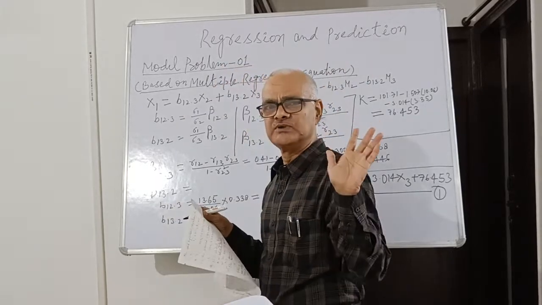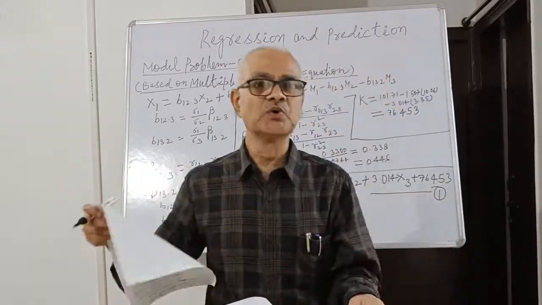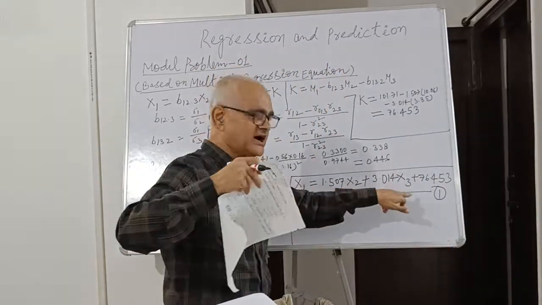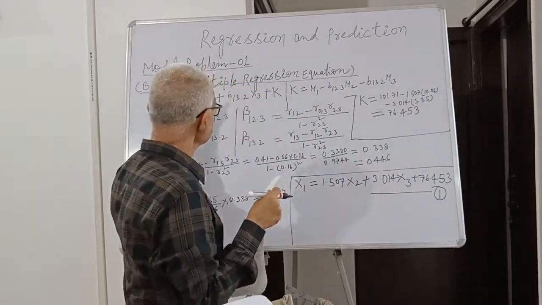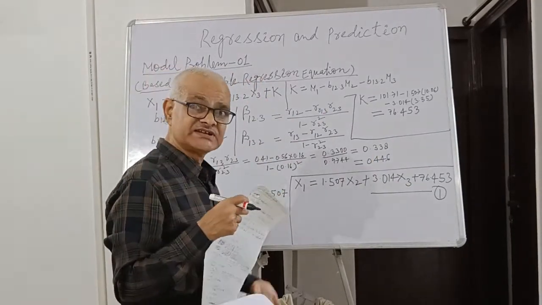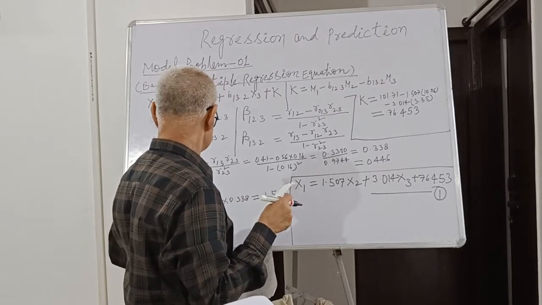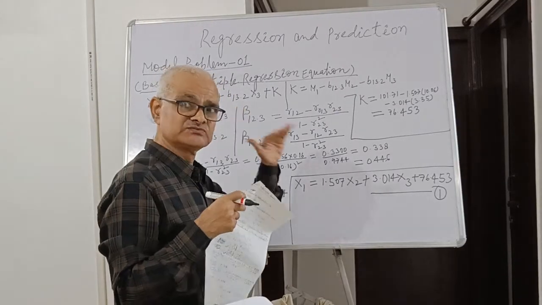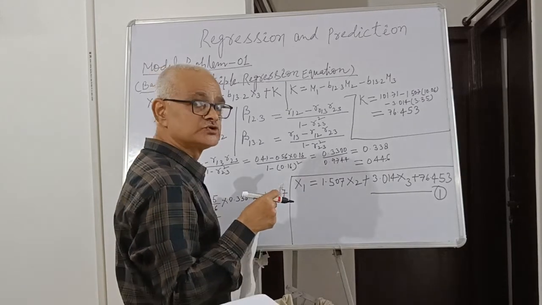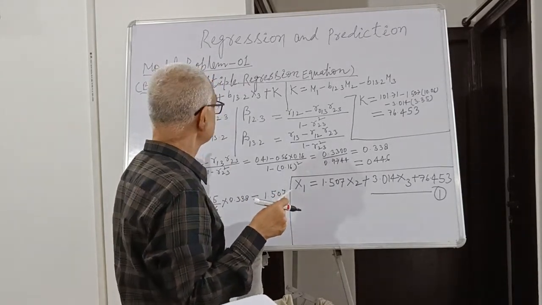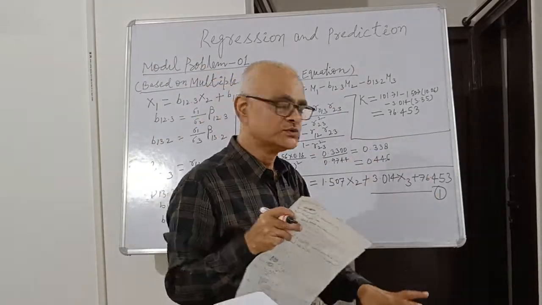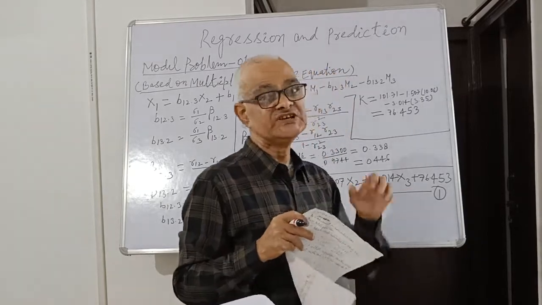You can solve the problem because you know multiplication, addition, division, etc. So the first part, by putting all these values, by calculating the value of firstly beta 12.3, b13.2, again b12.3, b13.2, again k, and finally by putting all those values we have the equation.